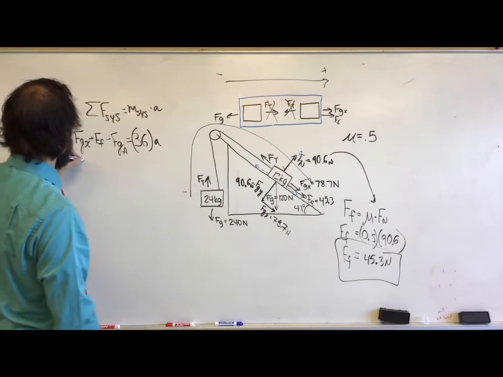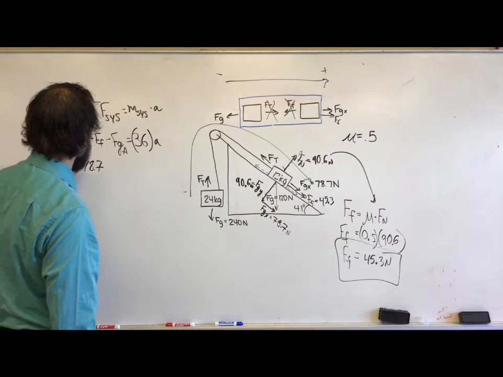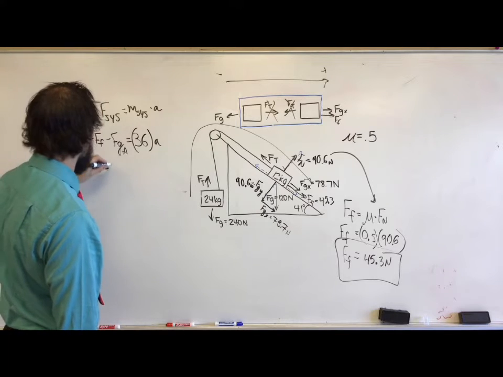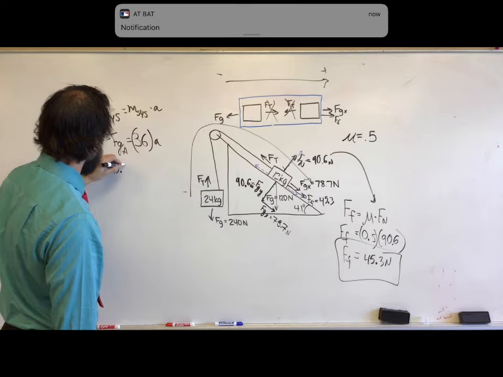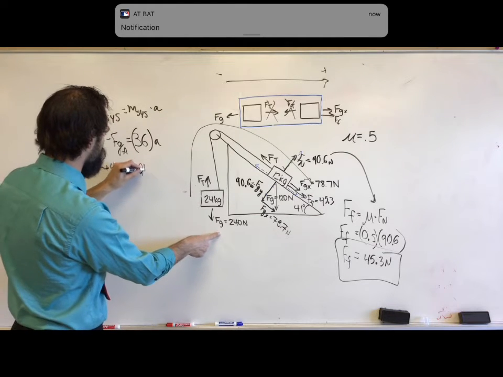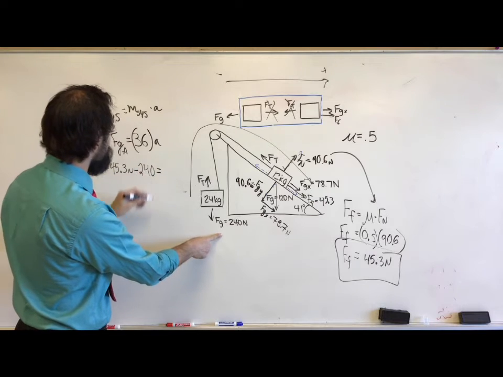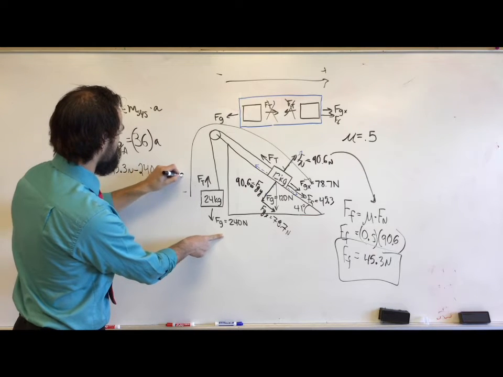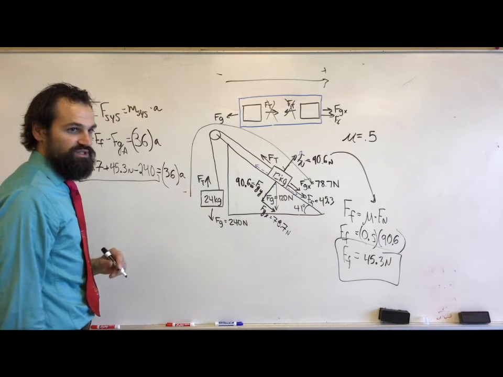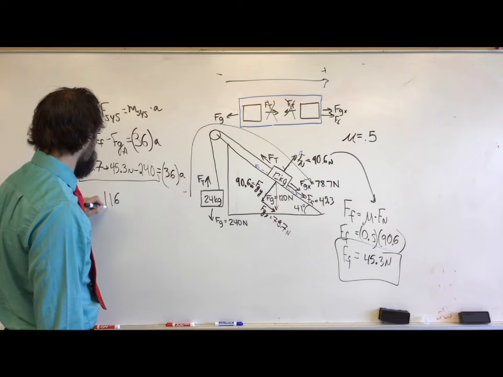Fgx we already found to be 78.7 newtons, plus the force of friction, which we just found to be 45.3 newtons, minus the force of gravity of A, which is still 240 newtons, and that's equal to 36 kilograms times the acceleration. We can combine these three into negative 116 newtons.